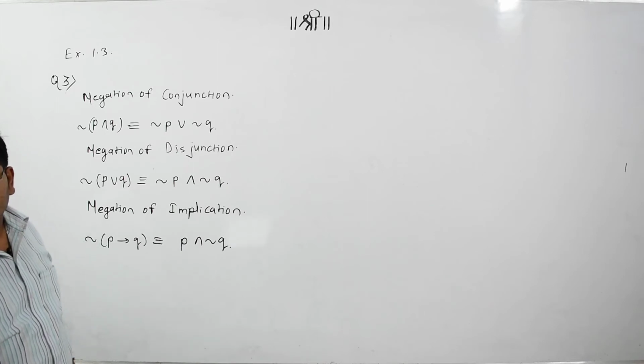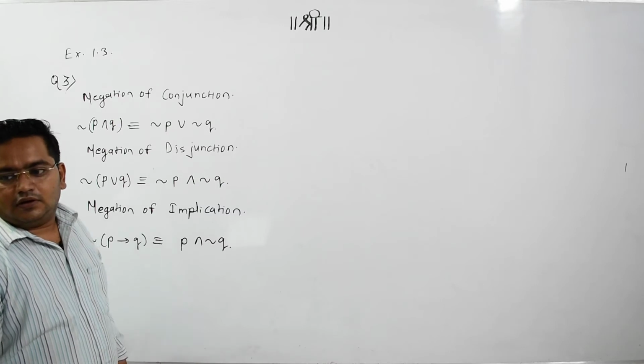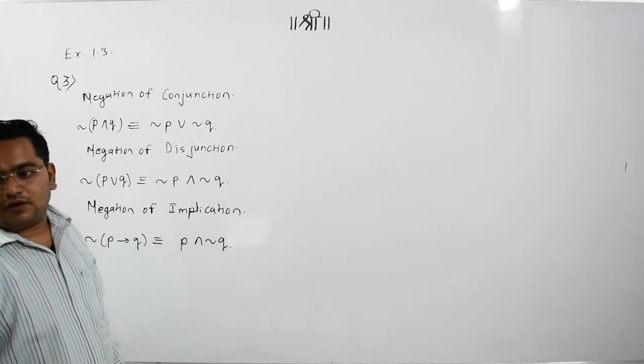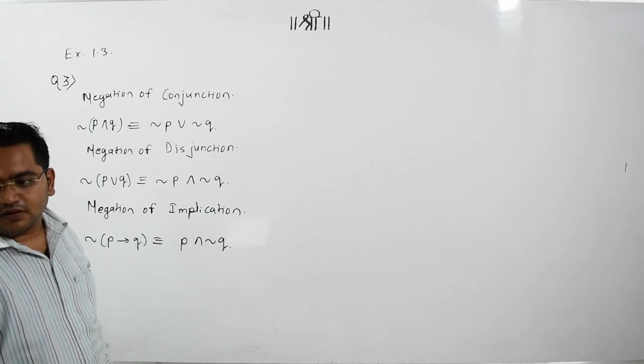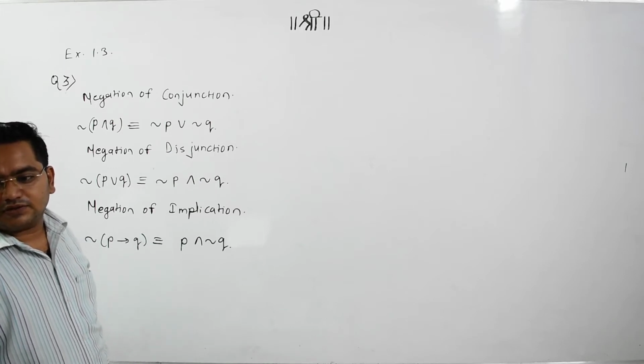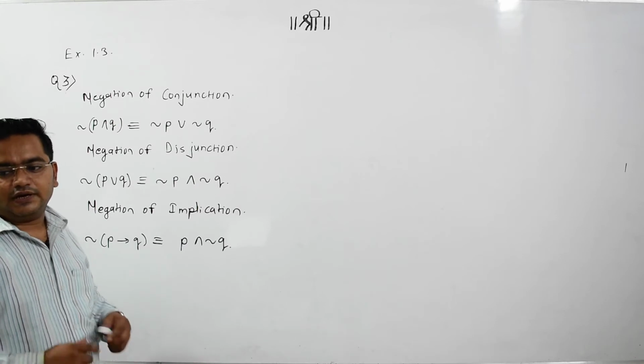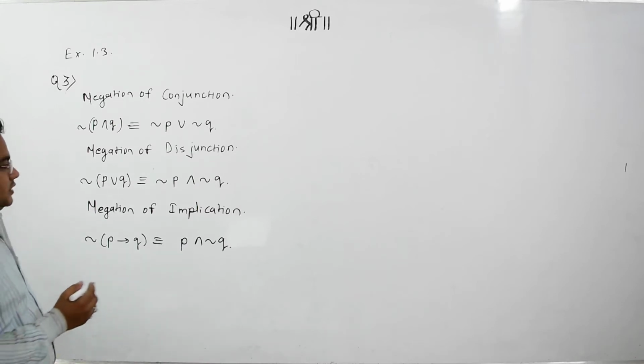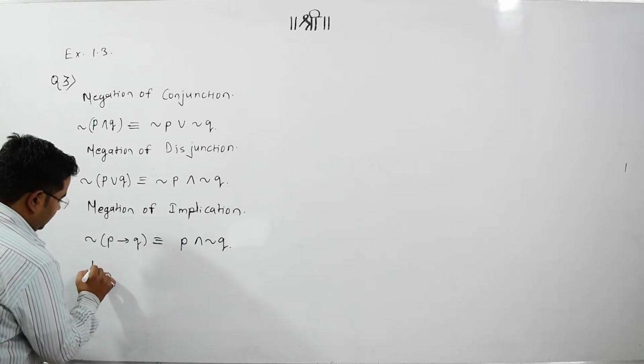So we are performing this on the basis of a few well known established laws. Now the next step is what? We need De Morgan's law. Yes. The next step is negation of biconditional, which is quite complicated. We need to focus on it properly.